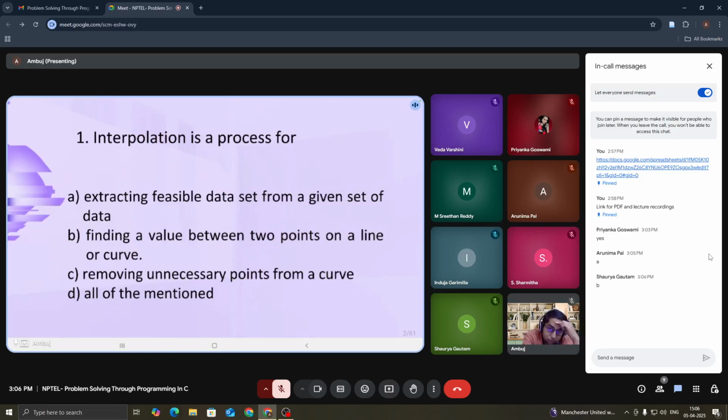Interpolation is a process for extracting feasible data from a given set of data, or finding a value between 2 points on a line or a curve, or removing unnecessary points from a curve.